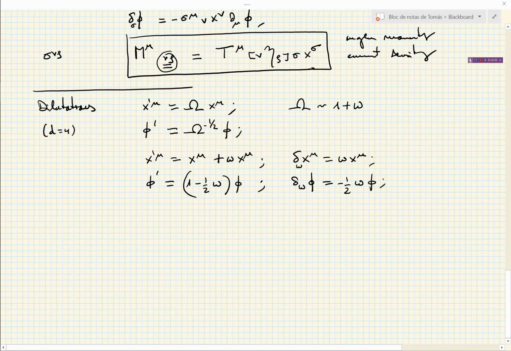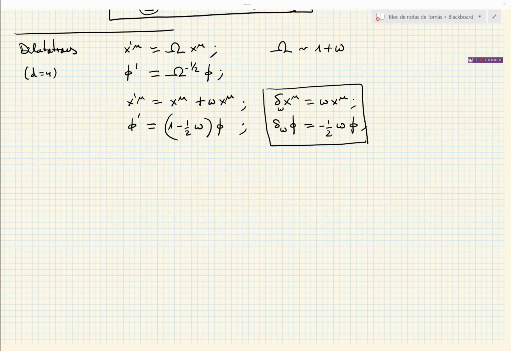Okay, so these are the transformations that I have to consider. Although I have written a delta, this is clearly the total transformation of phi. Okay, this is phi prime minus phi, and here I should have written x prime, and here x. Then if delta tilde phi is this, then delta phi is delta tilde phi minus delta x mu partial mu phi.